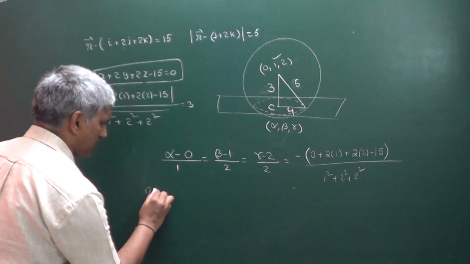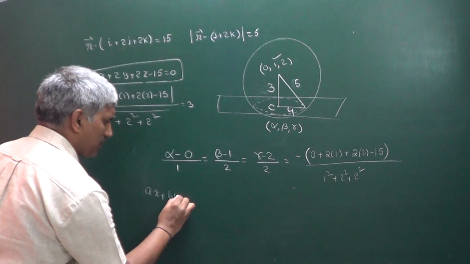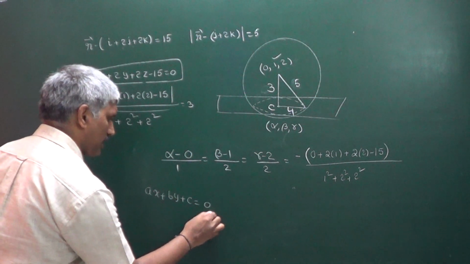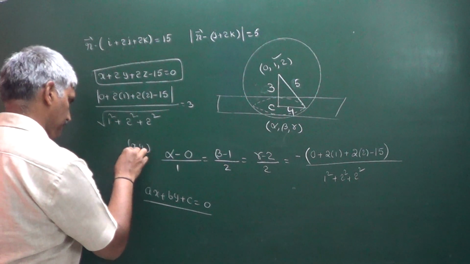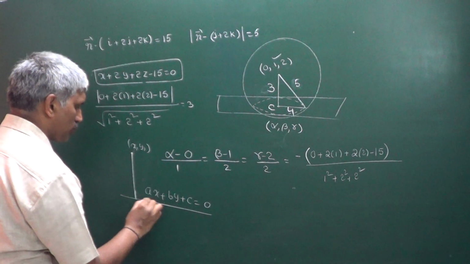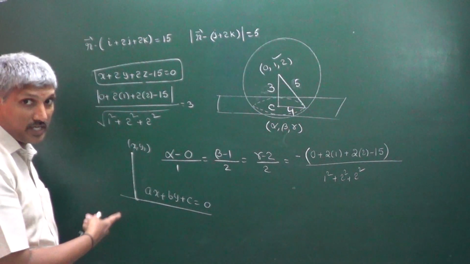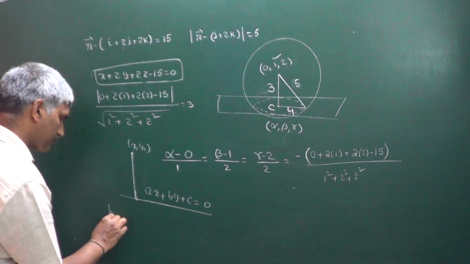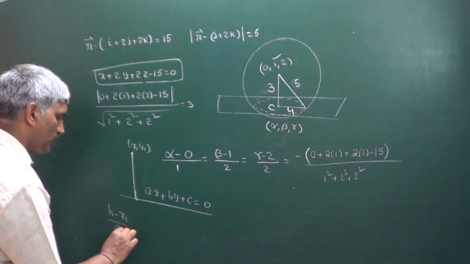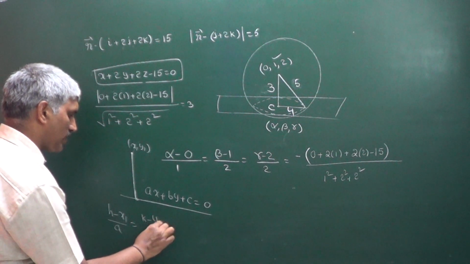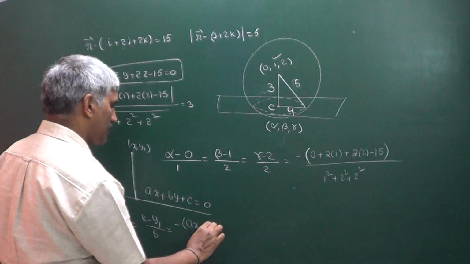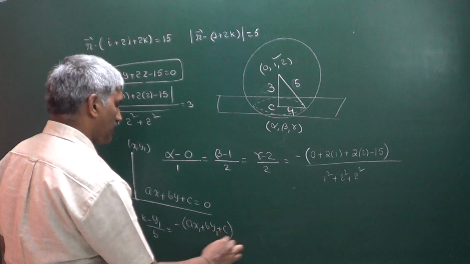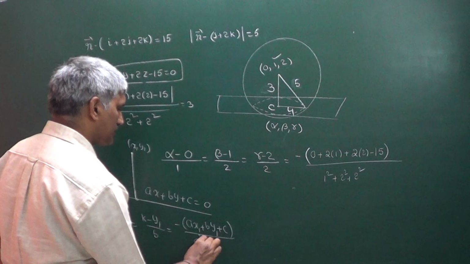I hope you know this information: ax plus by plus c equal to 0 is a line and the point is (x1, y1). From this point onto this line, the foot of the perpendicular, which we discussed in the first year, is h minus x1 by a is equal to k minus y1 by b is equal to minus of (ax1 plus by1 plus c) divided by a square plus b square.